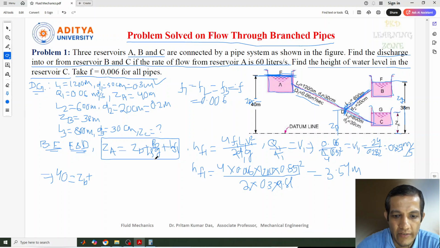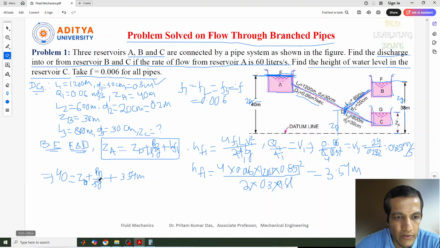This is total PD by rho g equal to pressure head. This one also is not given, so we'll keep this value as usual, by rho g plus what is the value of HF? This is 3.54 meter.